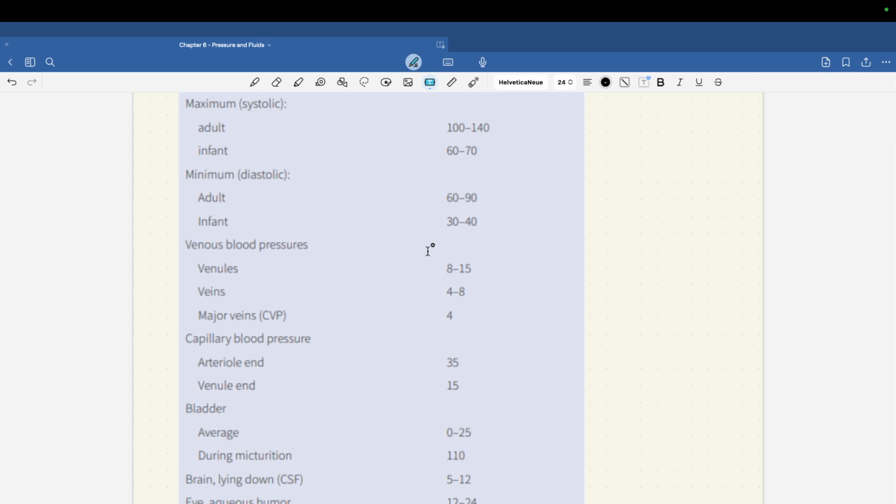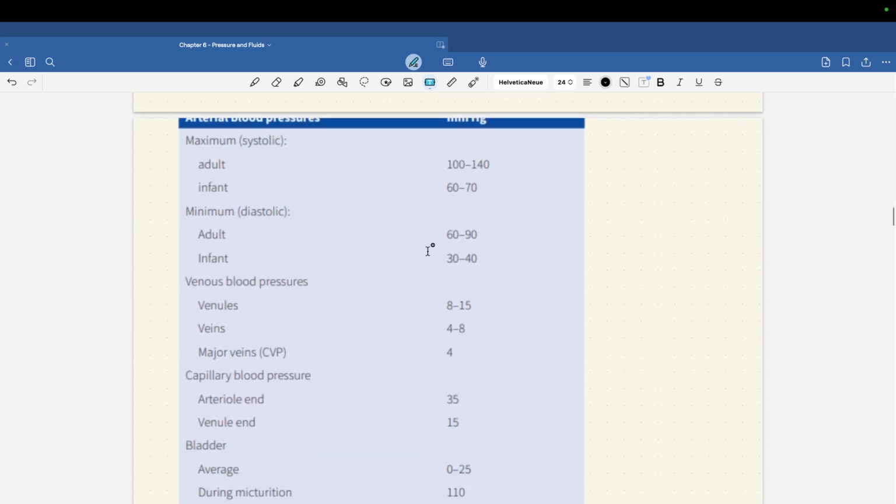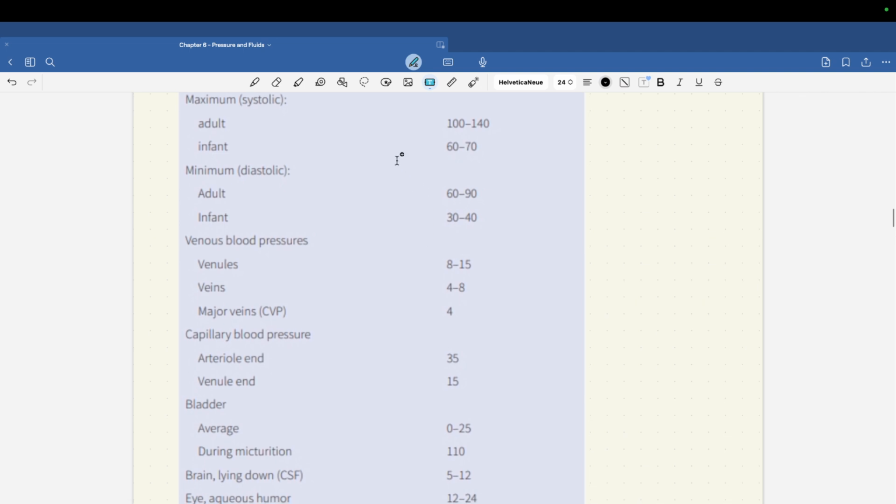So here various values of the pressure are given. You can see that the systolic pressure in an adult could be between 100 and 140, again, millimeters of mercury. But for infants, it's between 60 and 70. Diastolic is between 60 and 90 for adults, between 30 and 40 for infants.